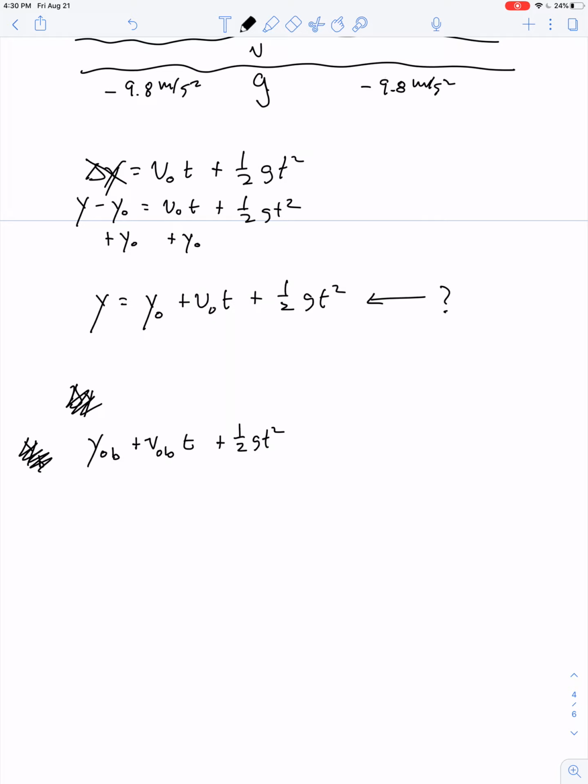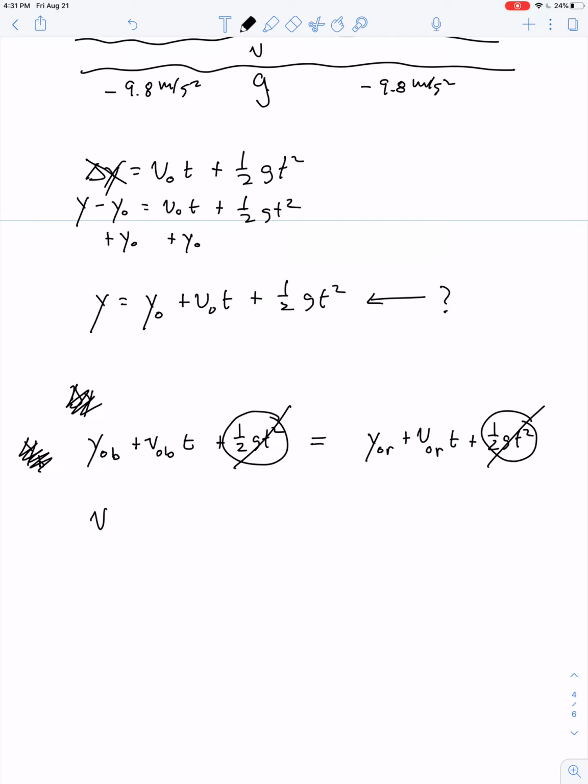But I could also say y initial for the rock plus initial velocity of the rock multiplied by time plus 1/2 gt squared is also a way of solving for the final position. And since they both have to be the same, I can set them equal. The same 1/2 gt squared shows up on both sides of the equation, so I can cancel it out.